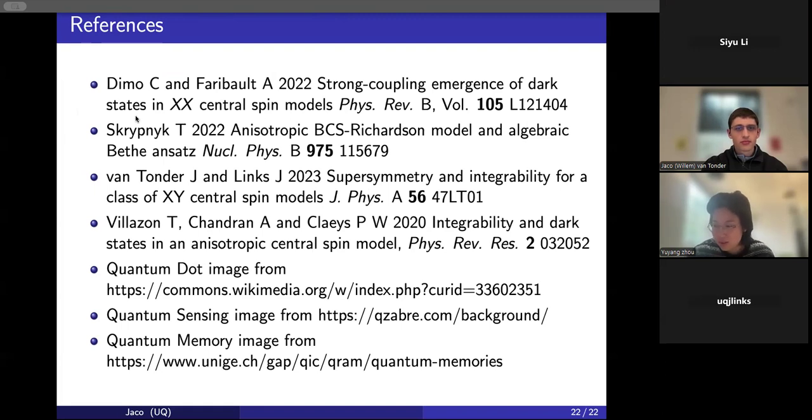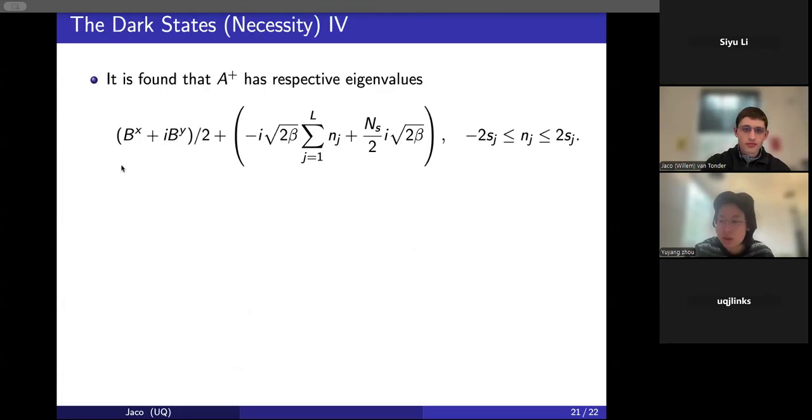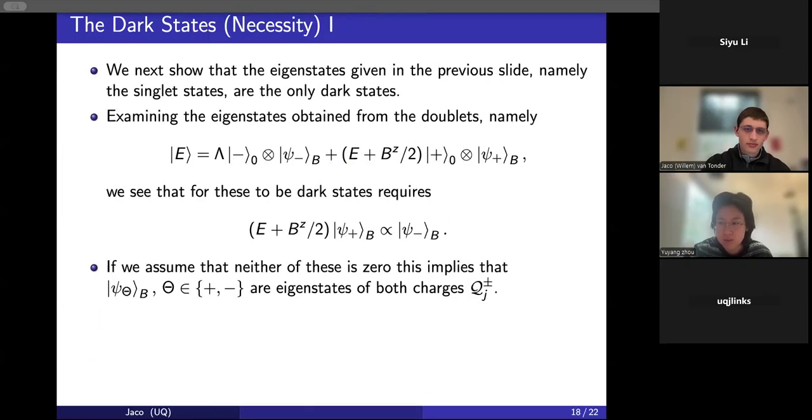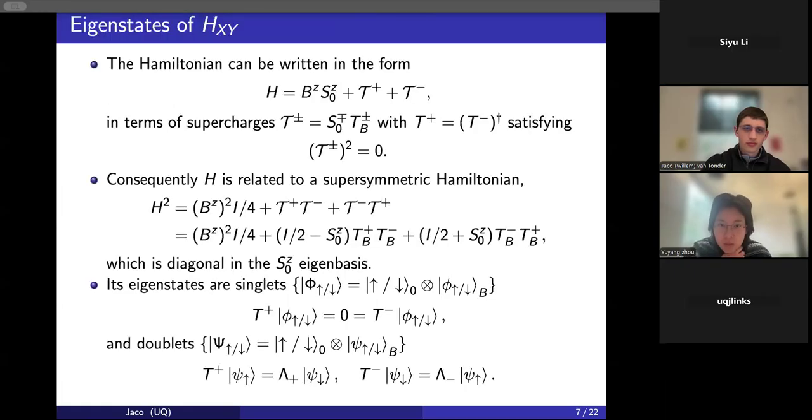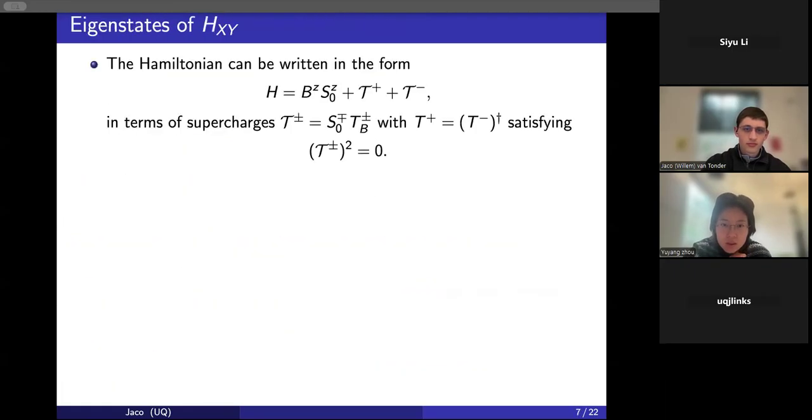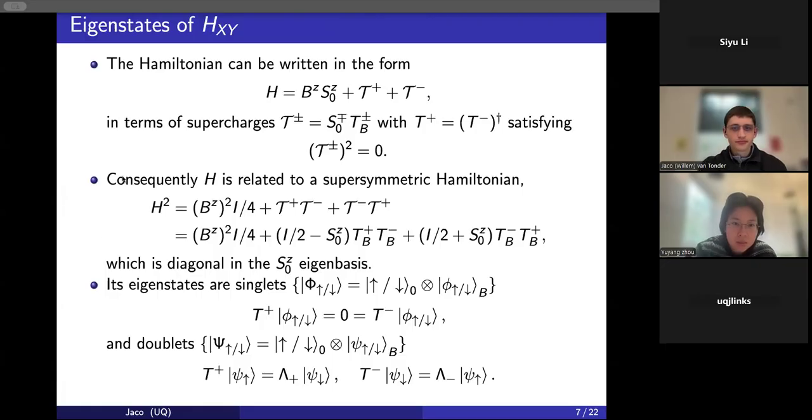If not, then I have a relatively naive question. If you go back to the first few slides that talk about the eigenstates, the phi and psi, singlets and doublets or dark and bright states.